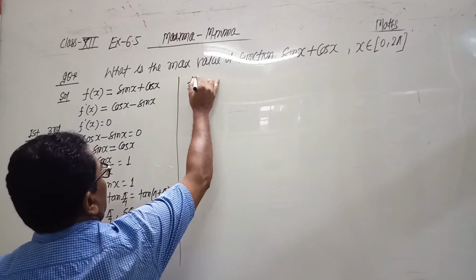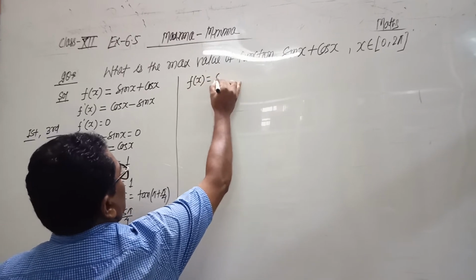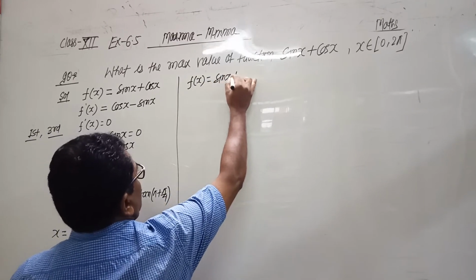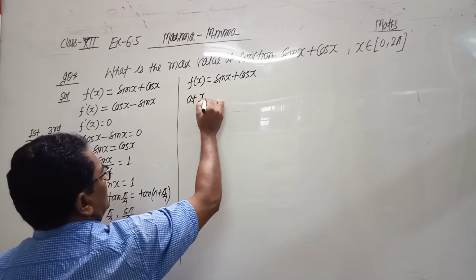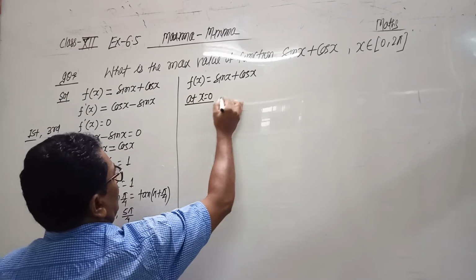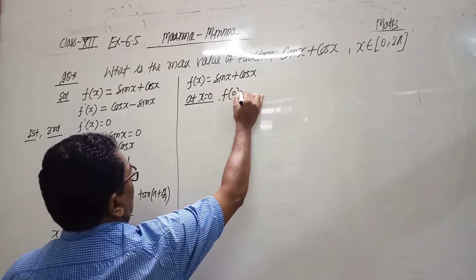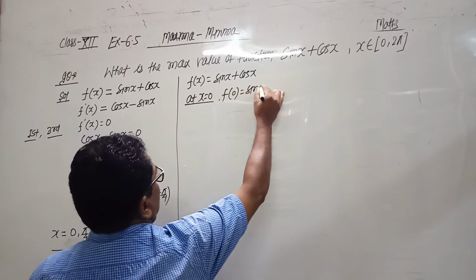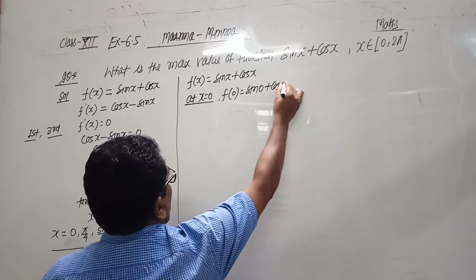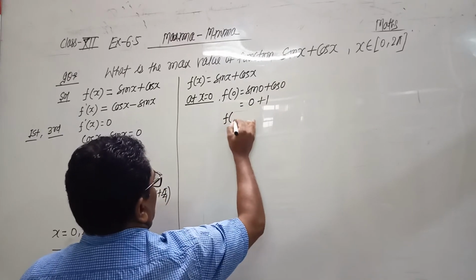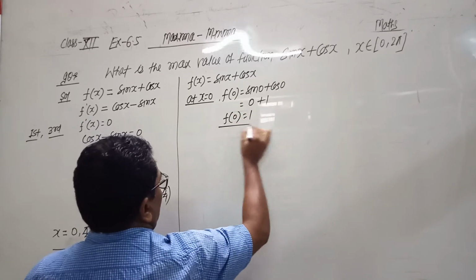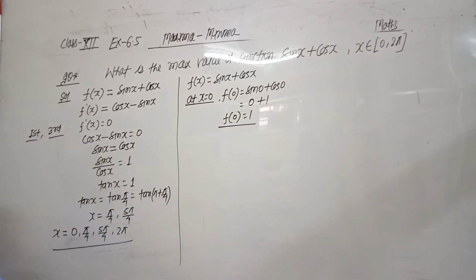So f(x) equals sin x plus cos x. At x equals 0, we find f of 0 equals sin 0 plus cos 0. Sin 0 is 0, cos 0 is 1. So f(0) comes to be 1. At x equals 0, the value obtained is 1.